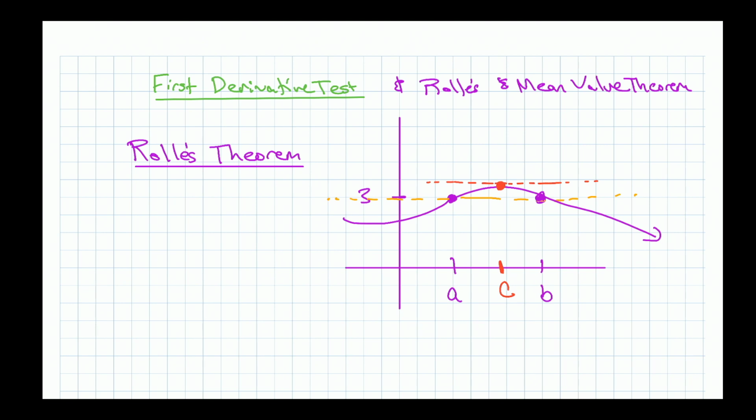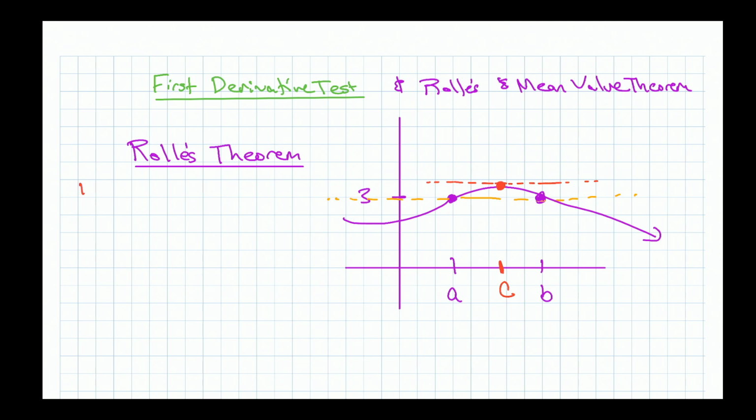And that's what Rolle's theorem says, but you have to have certain continuity and differentiability conditions, right? So your function is going to need to be continuous and differentiable, basically.